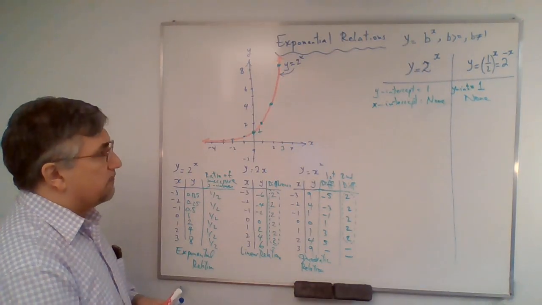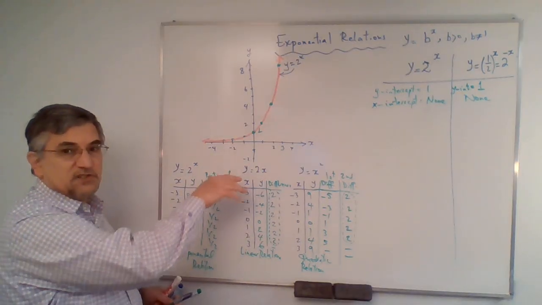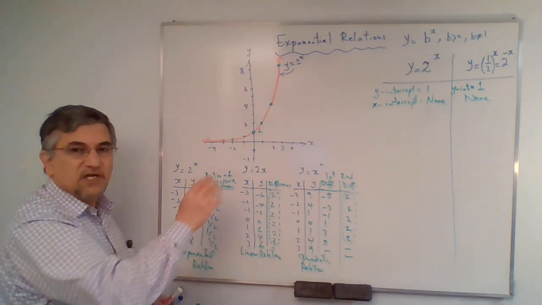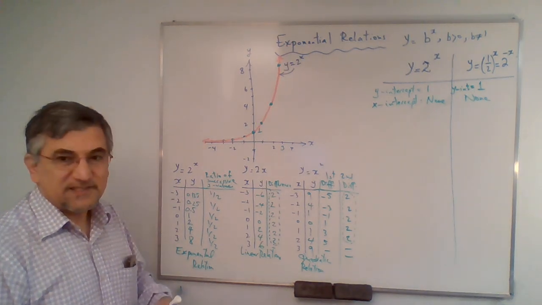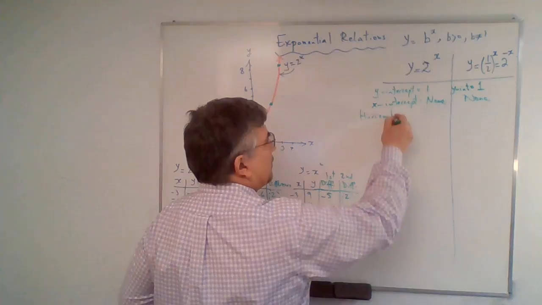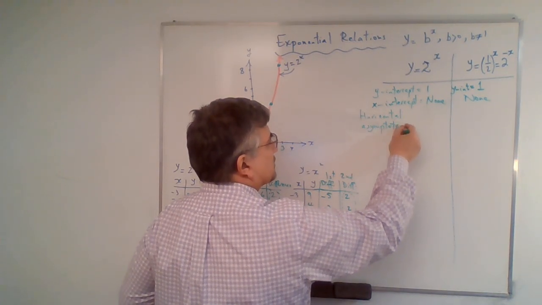Okay, then what else can we say? This x-axis, where the graph approaches but never touches, has a name. We call it an asymptote. So we call this a horizontal asymptote. An asymptote is just a line.